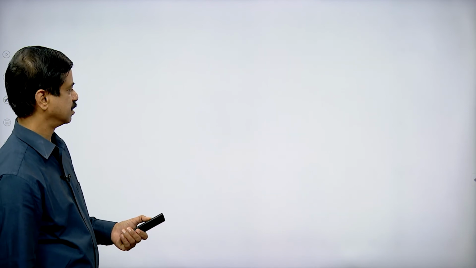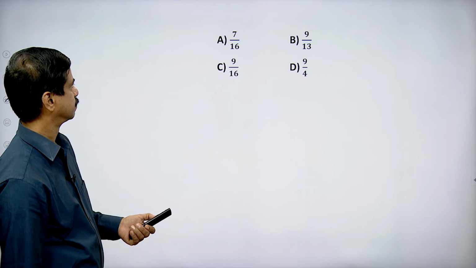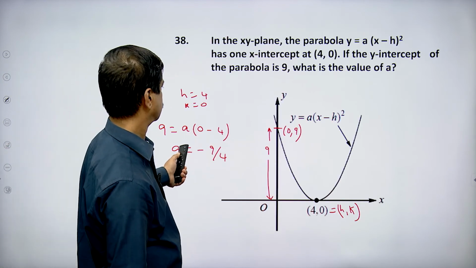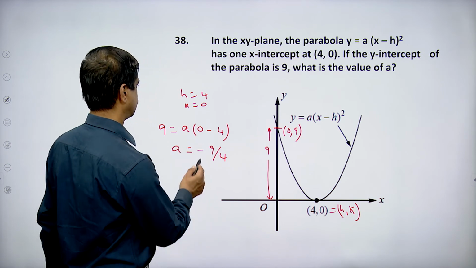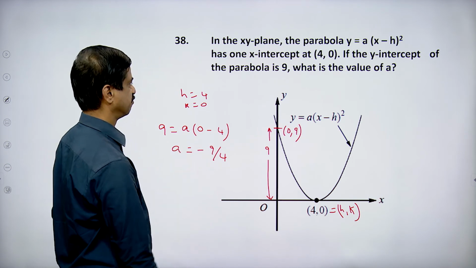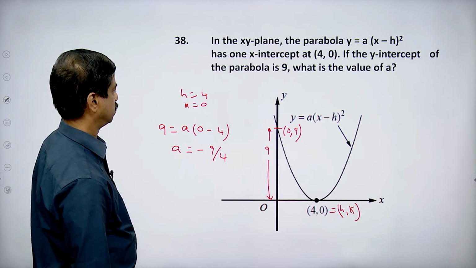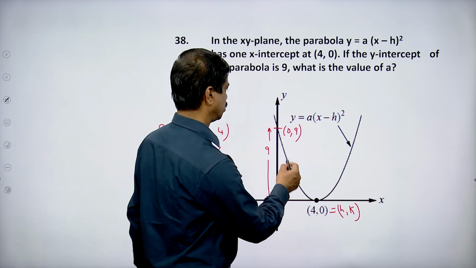Okay. Please note it fast. Yeah, minus into minus 9 by 4, x equal to 9, but this is upward, so a should be positive.